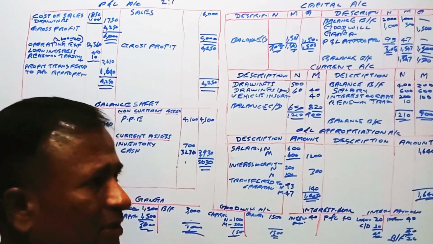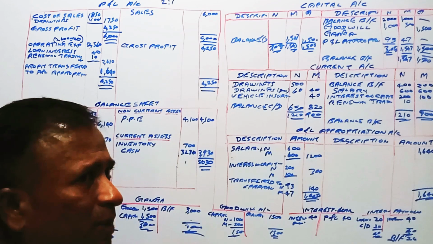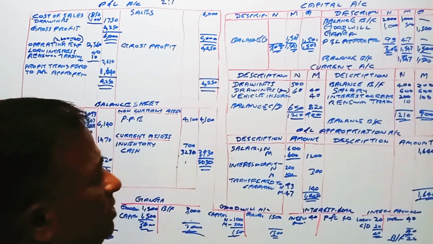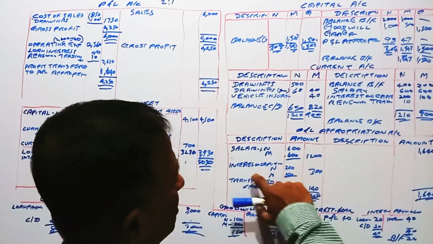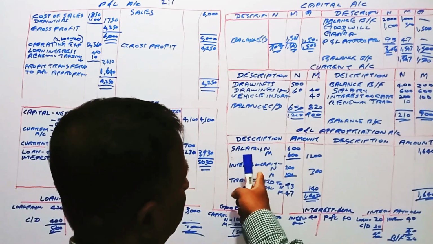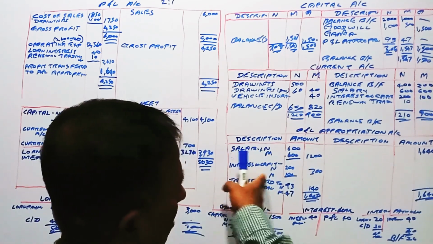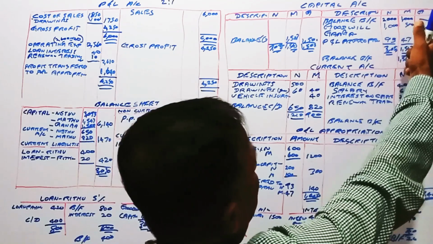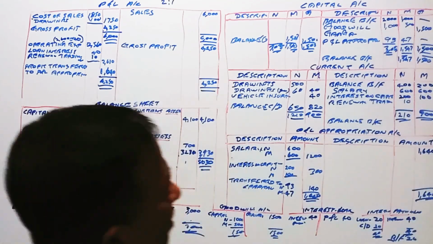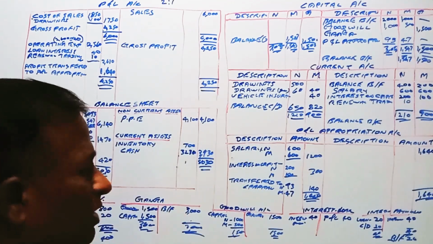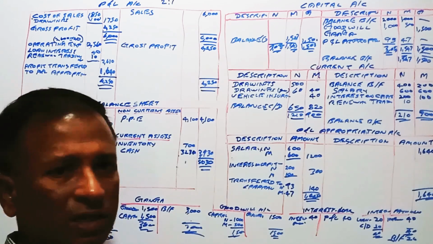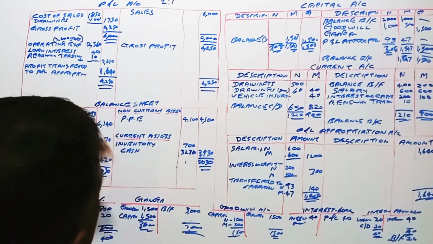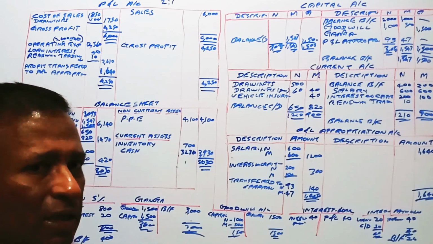Thereafter interest, they say interest is paid on capital opening balances, then pass it immediately. Profit and loss appropriation account debit interest on capital and credit to the current account interest on capital.